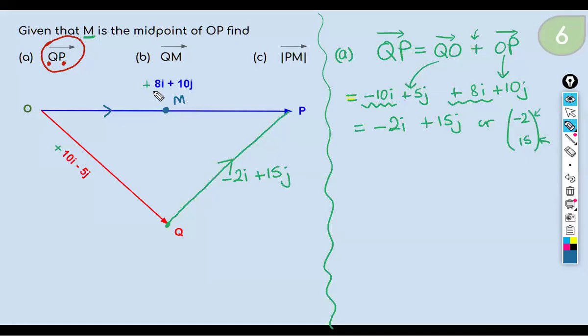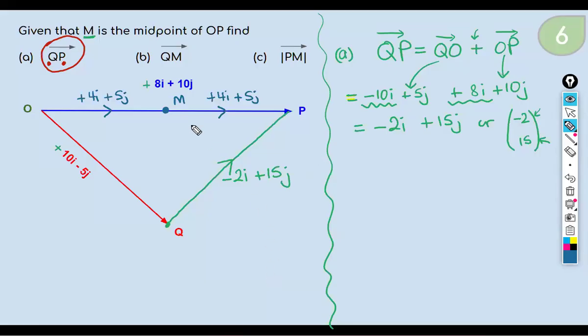But for OM, you divide everything here by 2. So you divide the 8 by 2 and the 10 by 2. So you will get positive 4i plus 5j. Now, if this is truly the middle, then if OM is 4i plus 5j, then MP is the same value. When you add up both halves, 4 plus 4, you get back the 8, and 5 plus 5 to get back the 10.